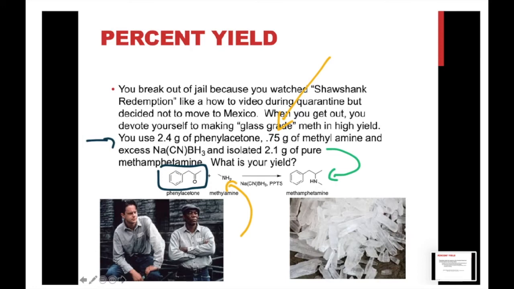Now, because I didn't want to have to worry about the stoichiometry for this, I'm just telling you it's in excess. You have way more of that than you need. So the only things you have to worry about for being your limiting reagent is going to be phenylacetone or methylamine. So let's calculate our theoretical yield.